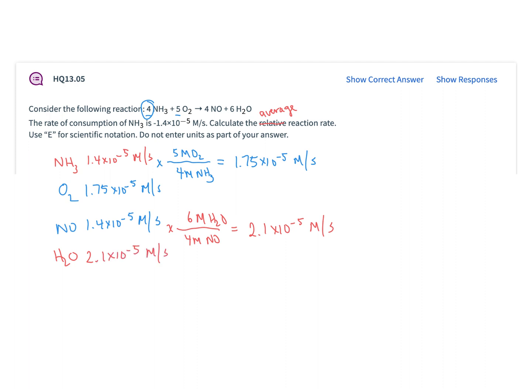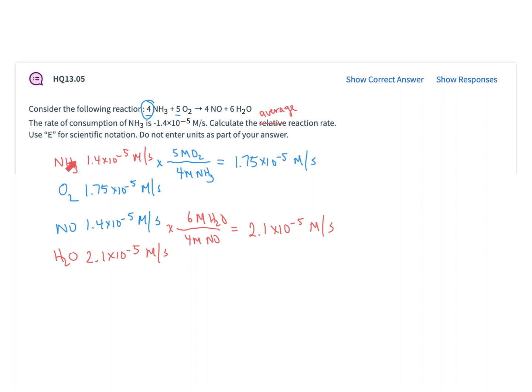That's where it can get a little bit confusing, because if we look at this, all of these rates are different, except for these two, because they have the same coefficient. So these are all relative rates. More often what we report is the average rate, because I don't see this unless I'm looking just at oxygen or just at ammonia.